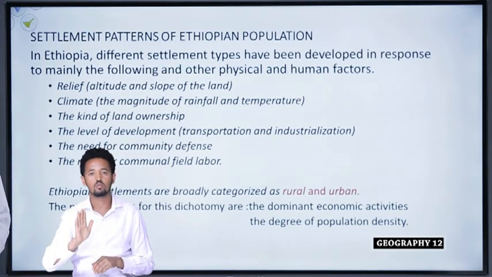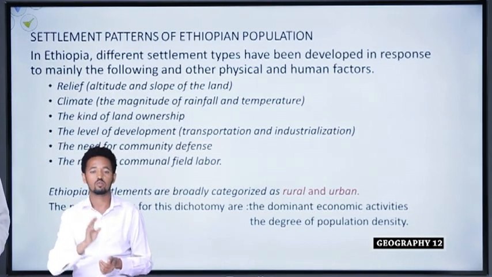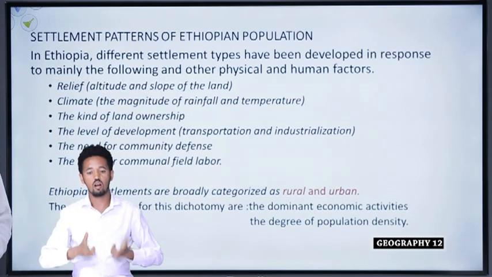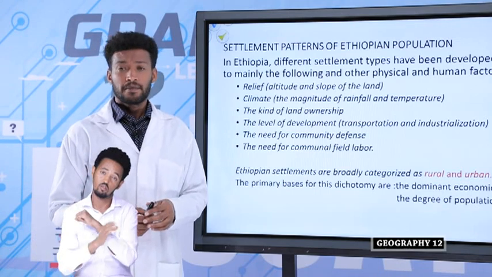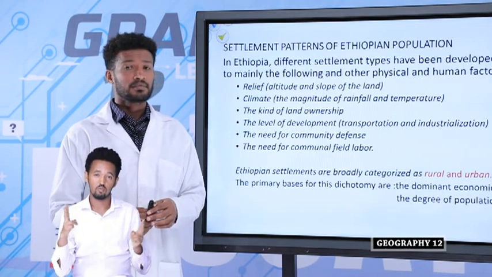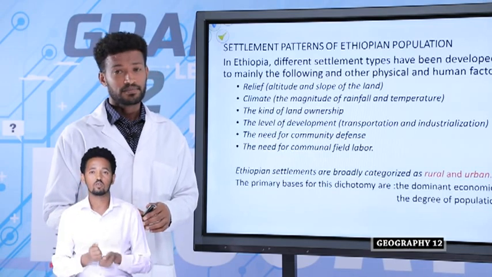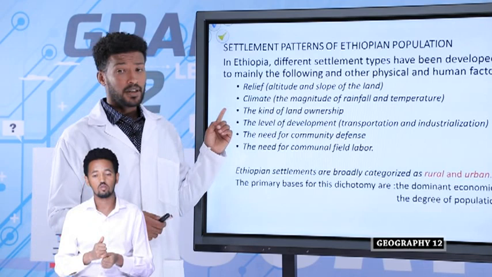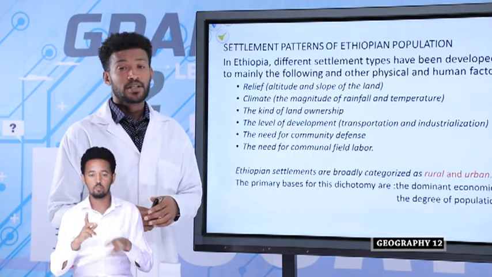Given this up and down nature of the slope, most Ethiopian people live in the highland parts of the country, and very few people are settled in the lowland parts. Therefore, altitude is the major factor which affects population settlement.